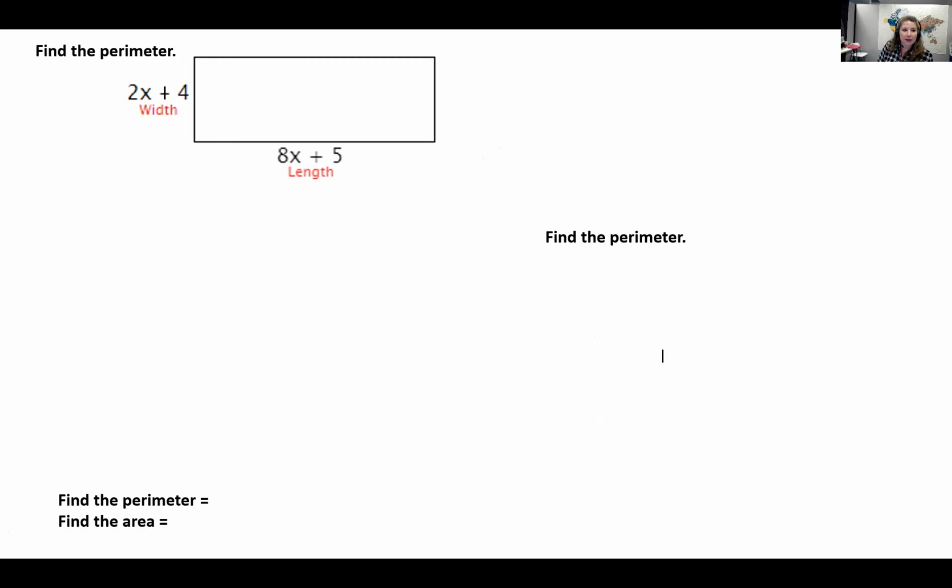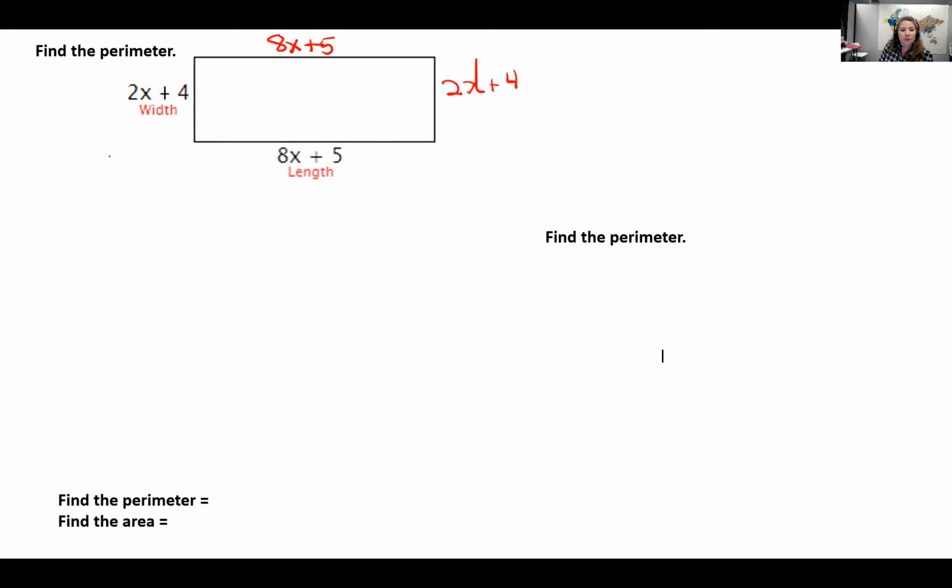So to find the perimeter of a figure, you're going to double the width, double the length, and then add them together, right? Because if this length here is 8x plus 5, well, then this one up here is 8x plus 5. If this is 2x plus 4, then this side is 2x plus 4.